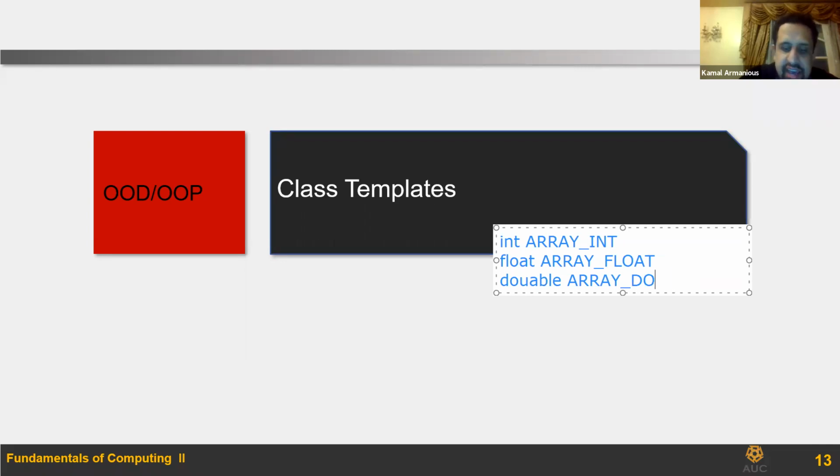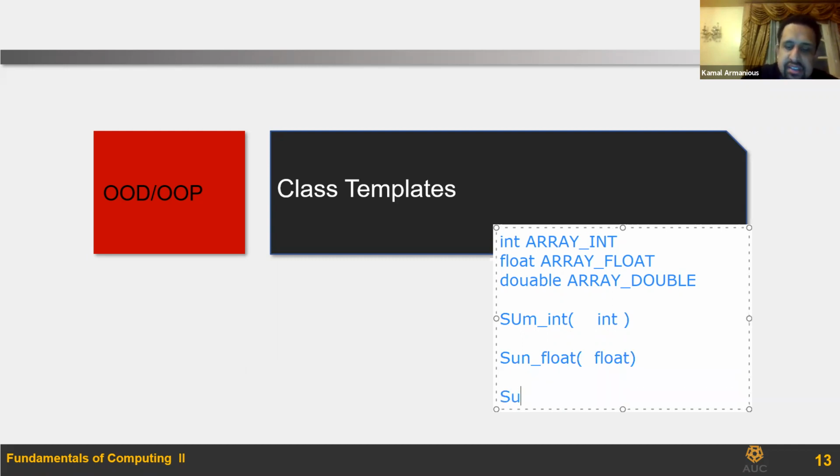And I have three functions: sum integer, which receives integers to be summed; sum float, which receives float numbers; and sum double, which receives doubles.